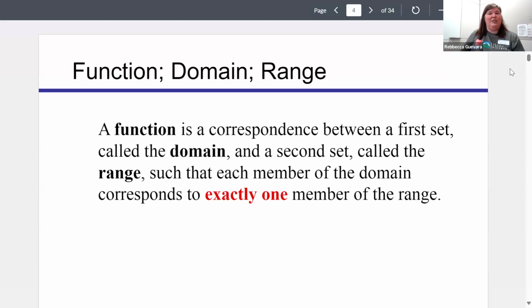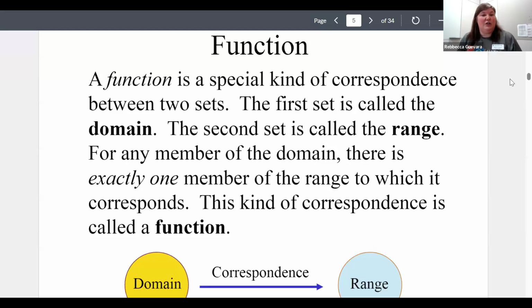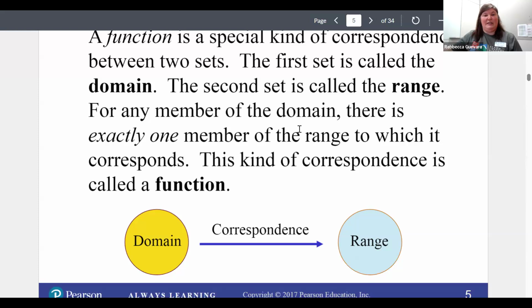So a function is a special kind of correspondence between two sets. The first set is called the domain. The second set is called the range. For each member of the domain, there is exactly one member of the range to which it corresponds. This kind of correspondence is called a function.